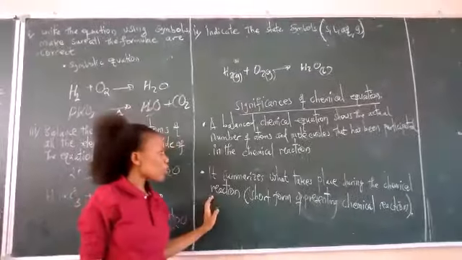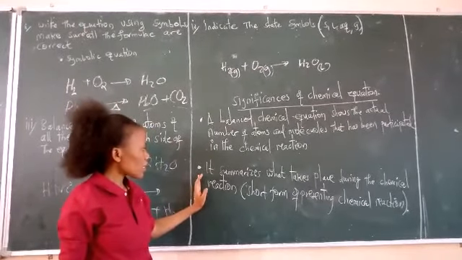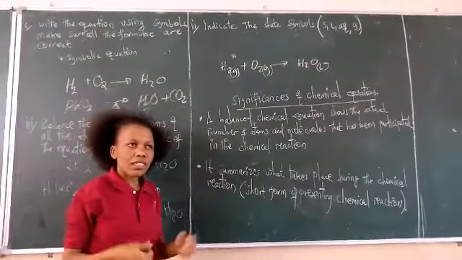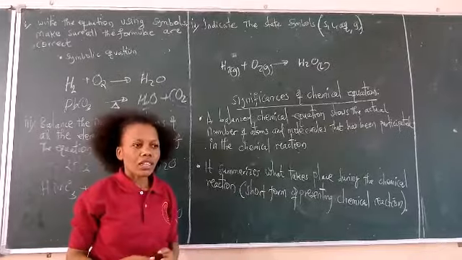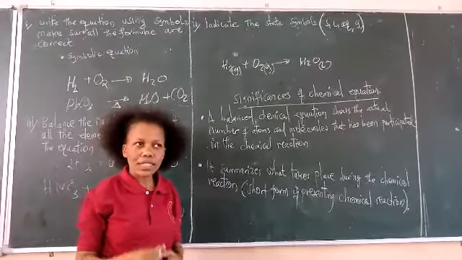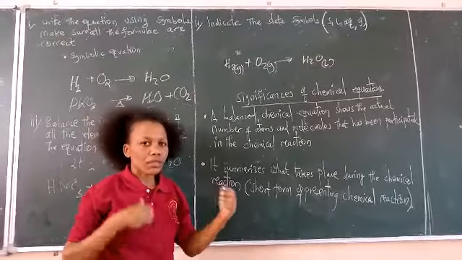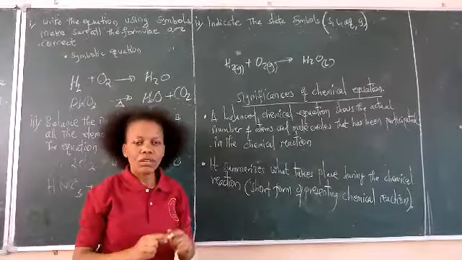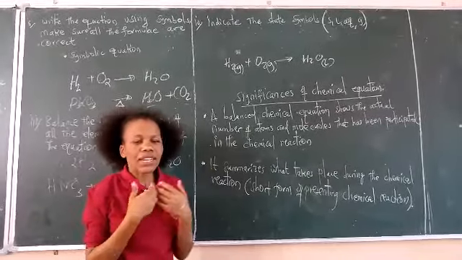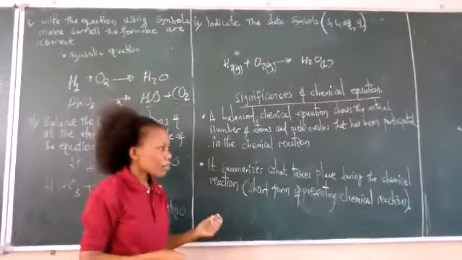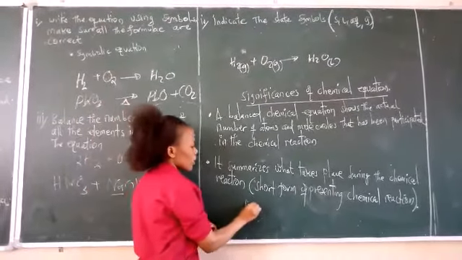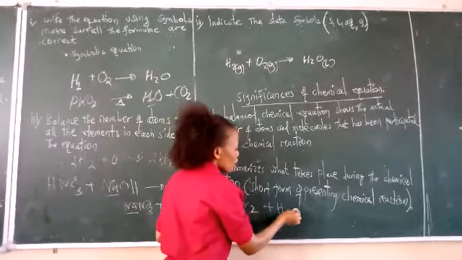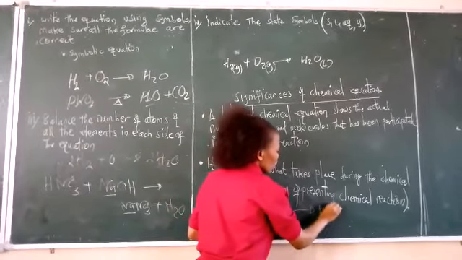We can also see another advantage or significance here, that it summarizes what takes place during the chemical reaction. Instead of writing all the processes that these reactants reacted with other reactants to form certain products, we can summarize all the process by writing a very simple chemical equation. We can represent maybe nitrogen gas combines with hydrogen gas to form ammonia gas.